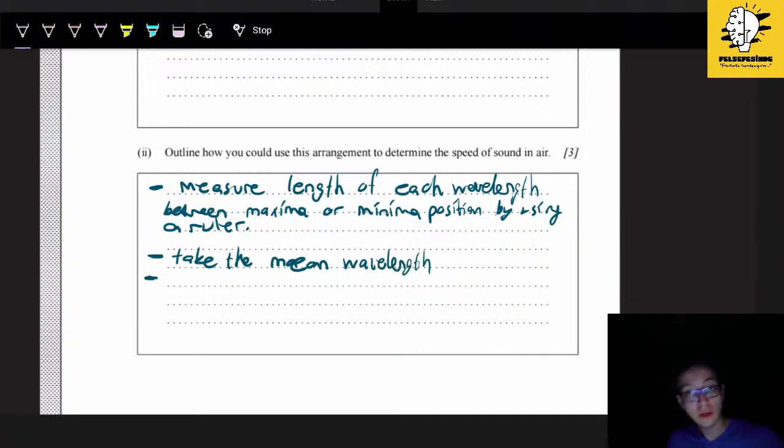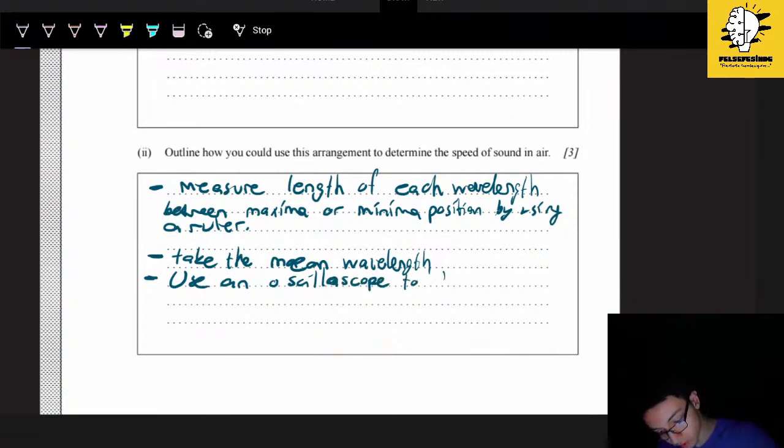Next, you will say use an oscilloscope to find the frequency of waves. Or you can simply write frequency meter.